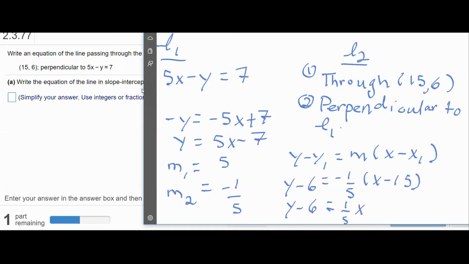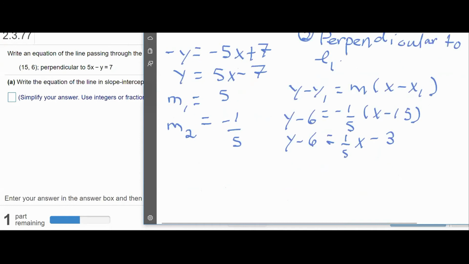Negative 1/5 times x, but then also 1/5 times -15. You're going to get some nice reduction there. It's 5 going into 15 nicely. Then add 6. -3 plus 6 is +3. So we've got y equals 1/5 of x plus 3.